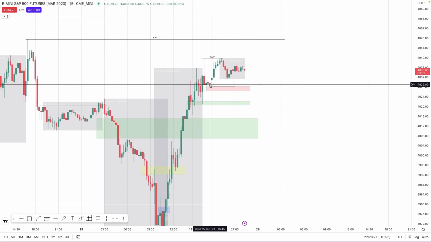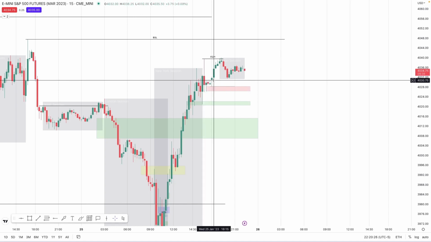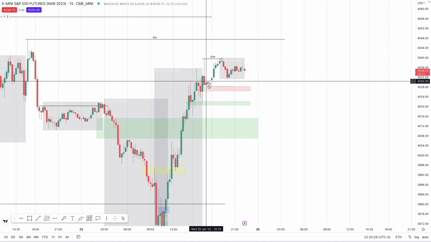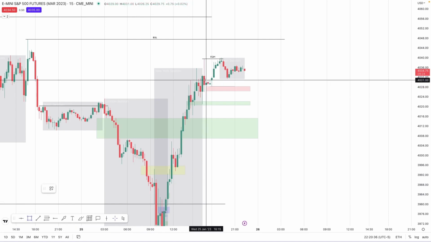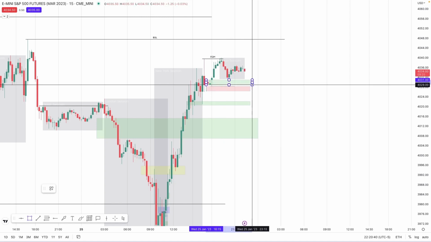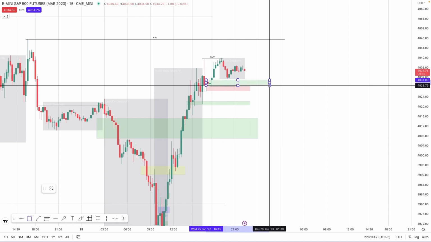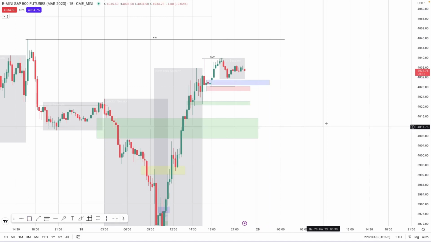We could possibly come down into this order block right here. I think ICT mentioned on his last video about these little stubby order blocks that he really likes these, so I'm going to mark this out. Okay.